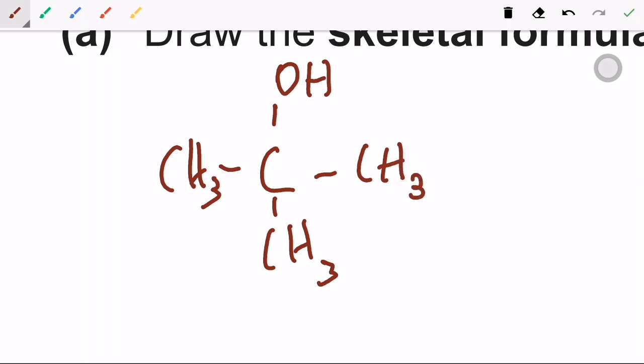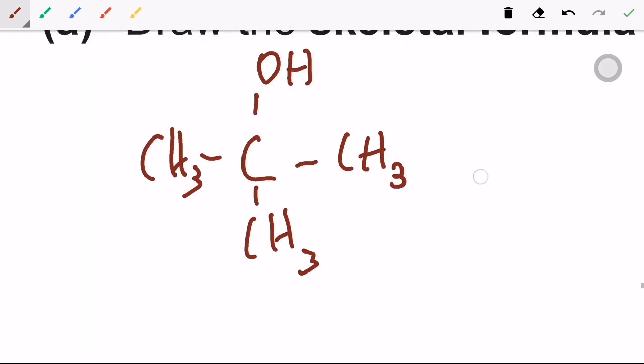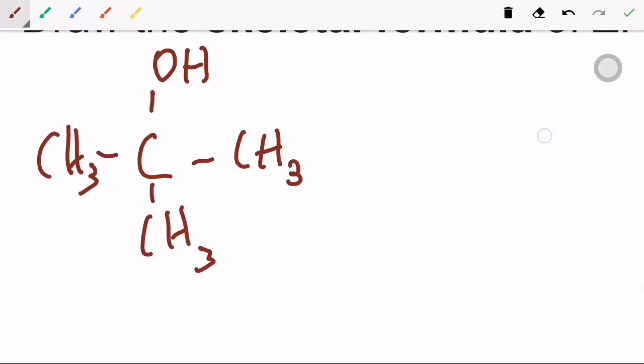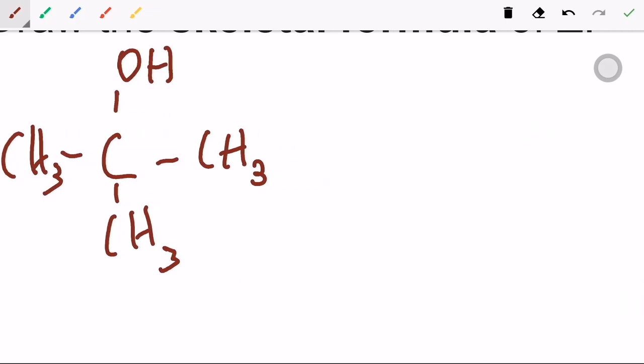What we can do is remove all the H and the C which are bonded. So for the skeletal formula, we don't start with a diagonal line. We just draw a cross, and then we just put an OH here.